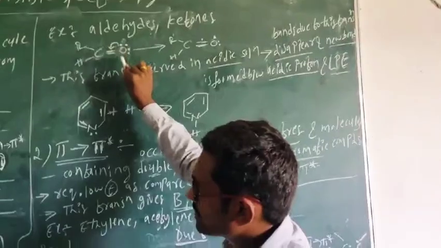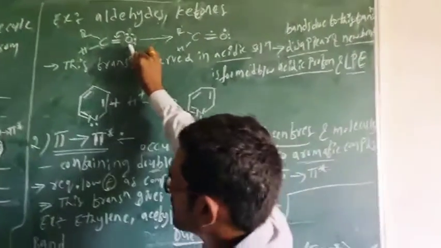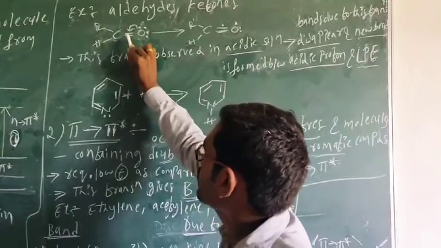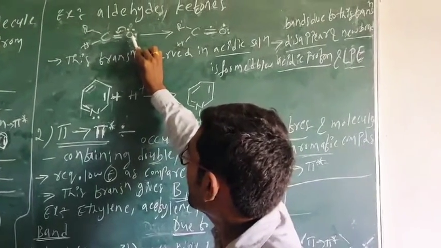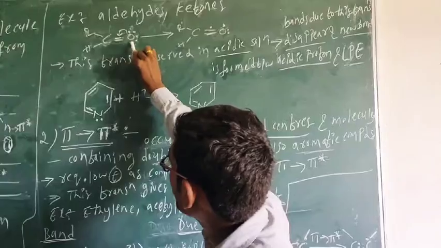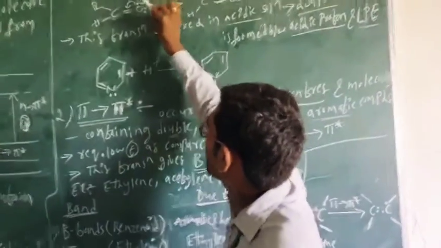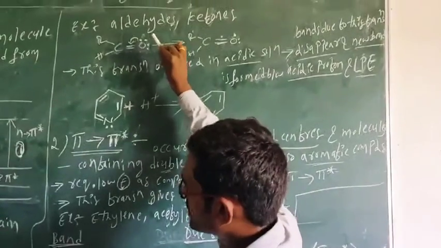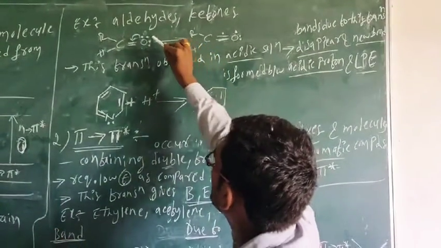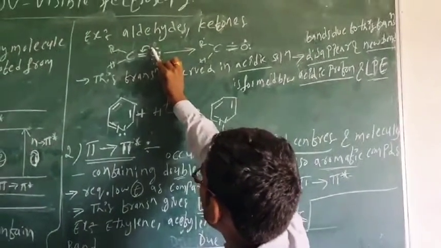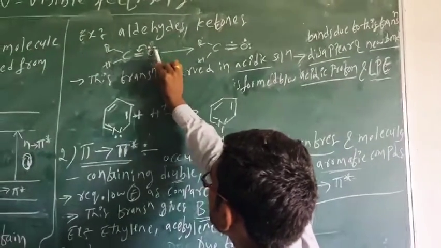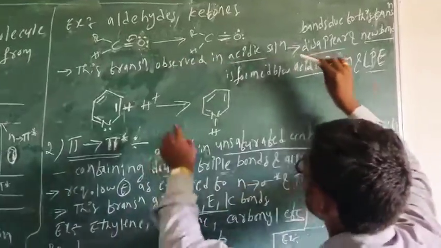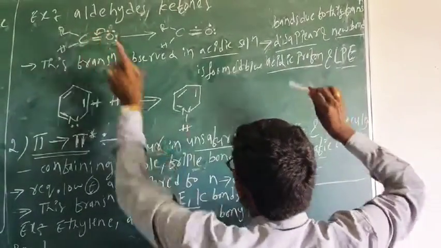I told you that unsaturated molecules contain oxygen, nitrogen, sulfur or halogens. Here a double bond is there, so it is unsaturated, and it consists of atoms like oxygen with lone pair of electrons, non-bonded electrons. Which electrons are undergoing transition here? The non-bonded electrons. These lone pair electrons are undergoing transition to pi star. You can see this is shifted to pi star.